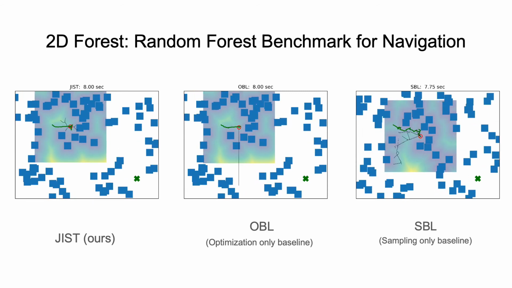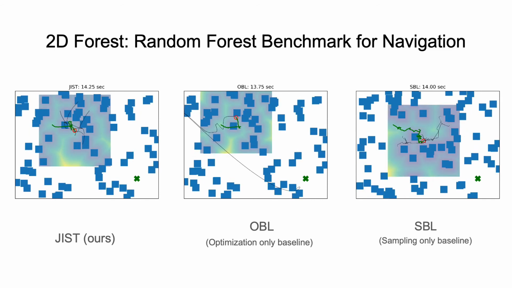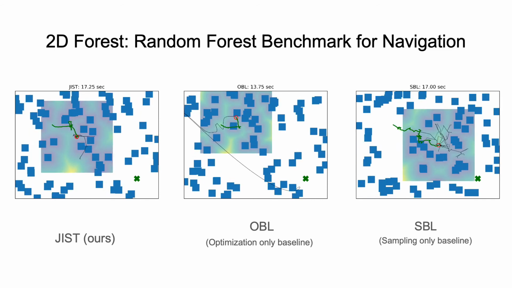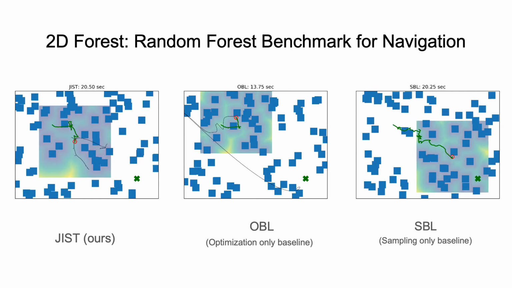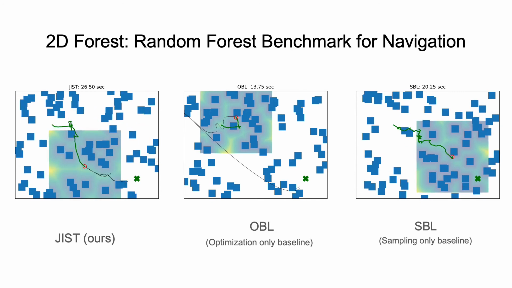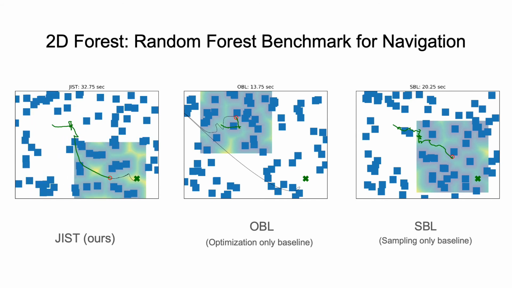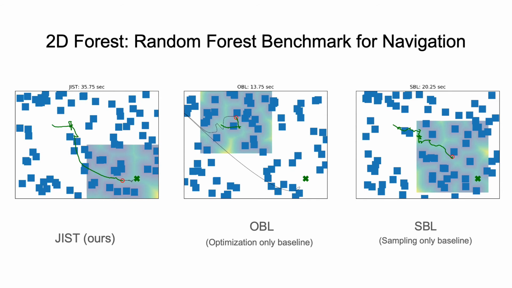As can be observed, while the sampling and optimization approaches fail to reach the goal, our approach has no trouble doing so. Here, sampling and optimization approaches terminate in collision, while JIST successfully navigates to the goal.